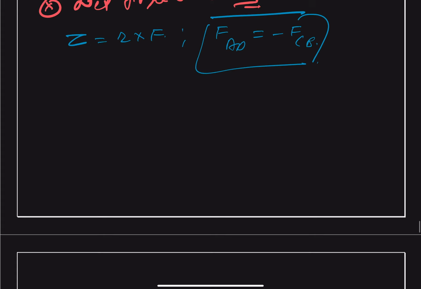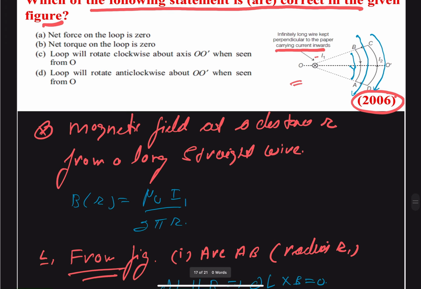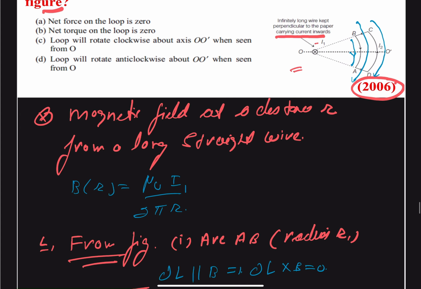Because of this, they produce torque. So let us check. The net force on the loop is 0, so option A is correct.